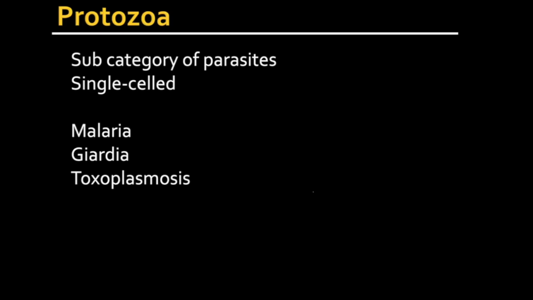Malaria, okay, that's a mosquito thing. We don't really see malaria over here too much. Giardia, if you are a camper or backpacker or outdoor person, you know that you just don't drink water out of a stream without boiling it or putting chemicals in it, because you will get Giardia and it will give you really bad abdominal cramps and diarrhea.